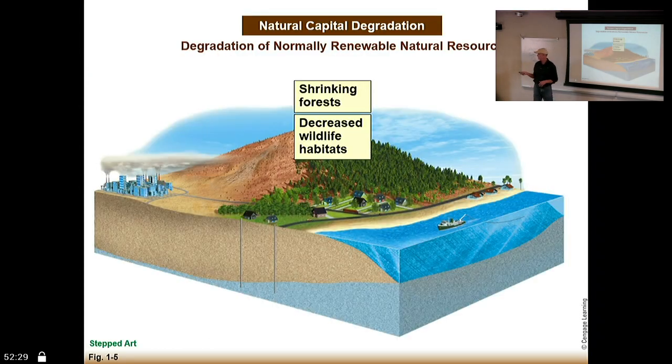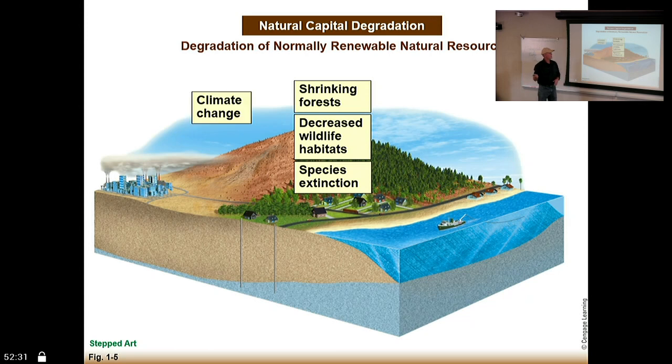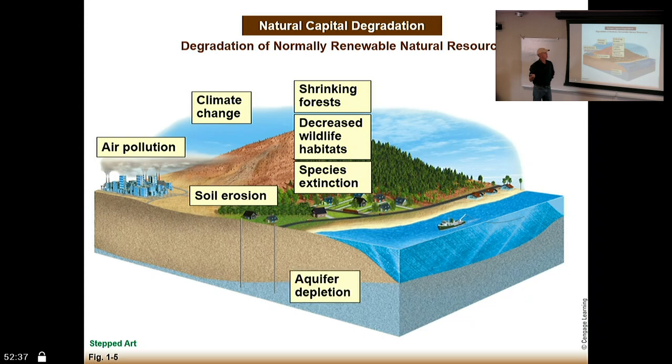Okay? So there's just some of the ways that we're causing this. This is just the natural capital degrading: soil erosion, aquifer depletion. We're going to talk a lot about this because we depend on aquifers for our water supply. We have a very interesting management conservation technique, and we do a really good job of preventing aquifer depletion, pulling too much water out of the ground before it can replenish.